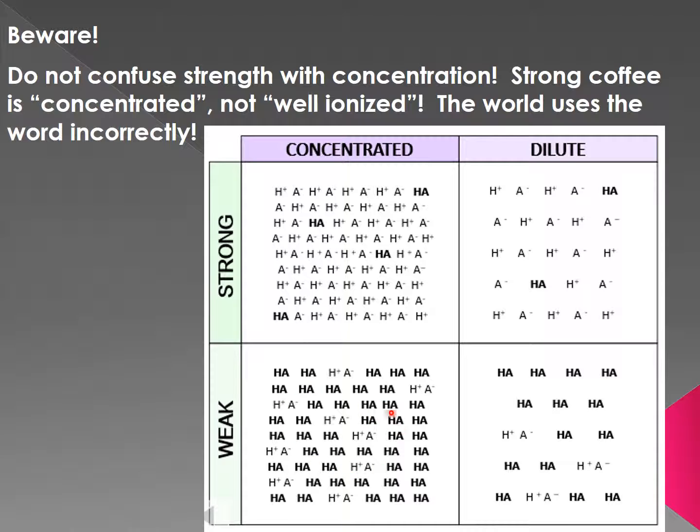Only how many have split. In the weak acid here, most of them have not. And in the weak acid here, most of them are not. The difference here is that this one is concentrated, this one is dilute. But no matter how much acid there is, a lot or a little, this is still a weak acid because the HA's are not splitting into two parts.